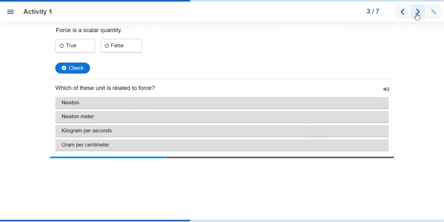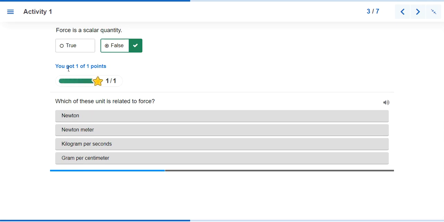Now, let's do some little activity. Force is a scalar quantity. Can that be true or false? Let's check. False. Because force is a vector quantity, it has magnitude and direction. Which of these units is related to force? We have gram per centimeter. Gram per centimeter is related to density.